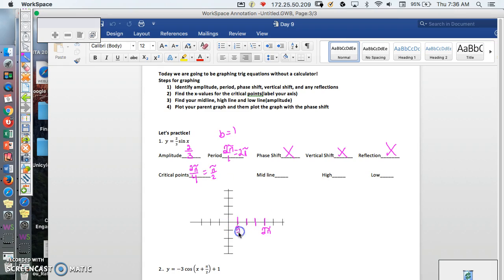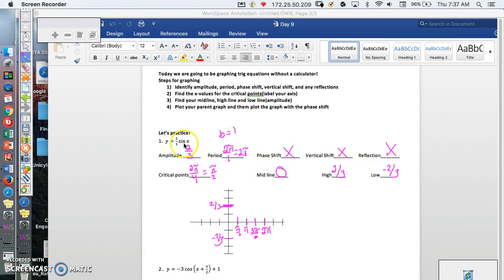So pi over 2, 2 pi over 2, which is pi, 3 pi over 2. Midline is going to be at 0 because it wasn't shifted, so our high is 2/3, and our low would be negative 2/3. We could just label one of these tick marks, what we're scaling by, 2/3 and negative 2/3.